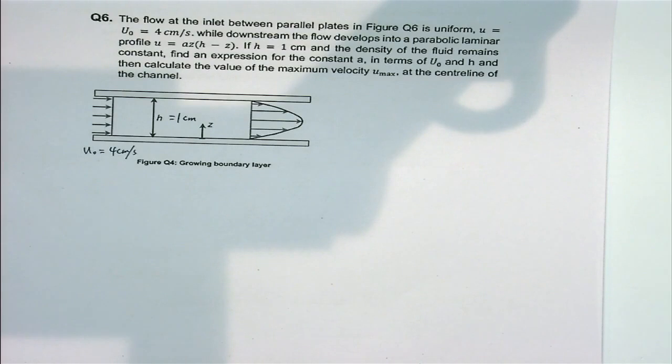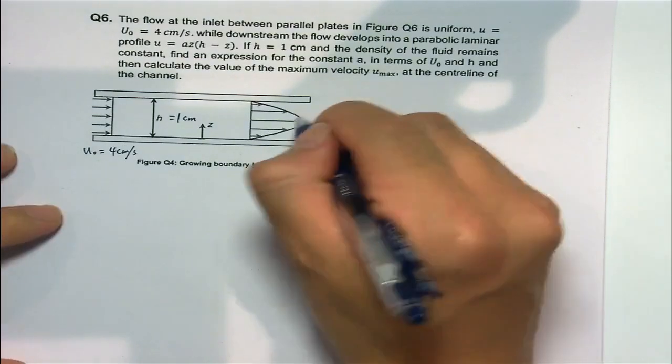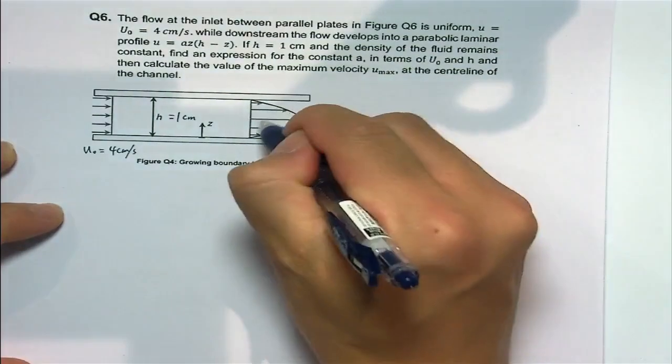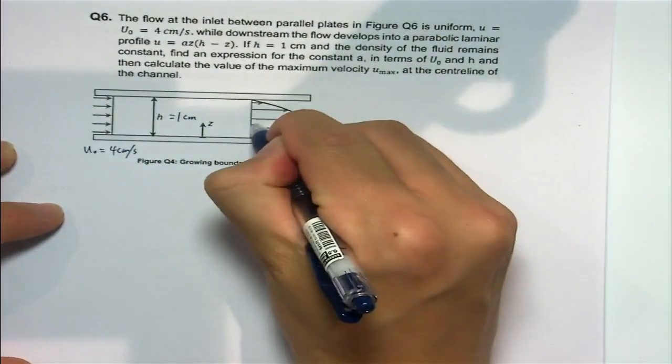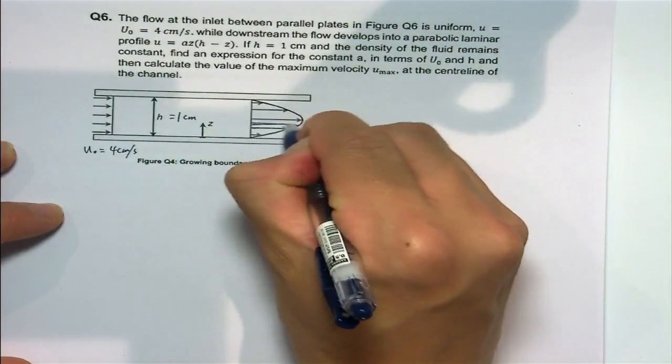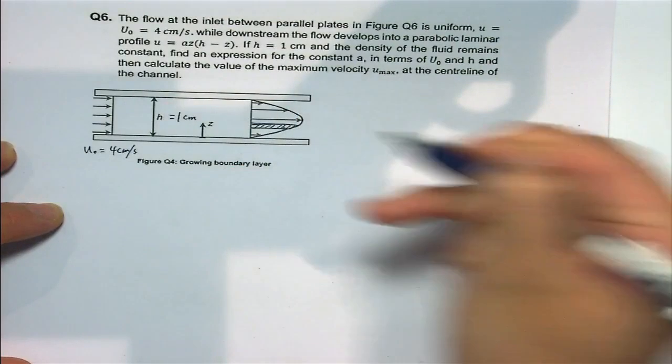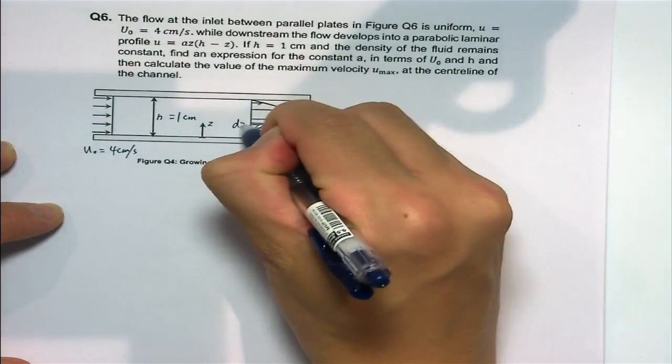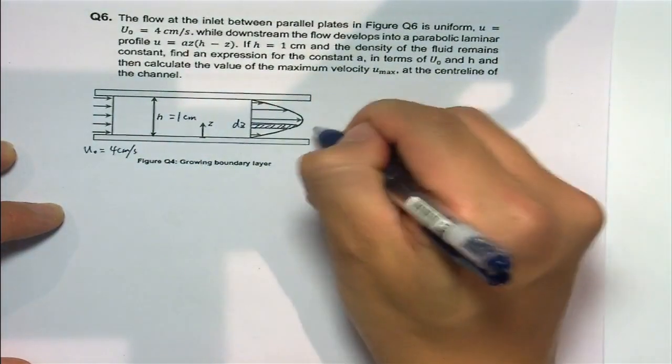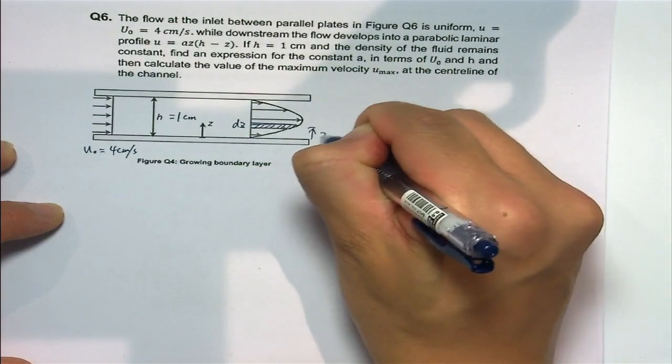So, for example, we take the infinitesimal height dz here. We see the height of z.